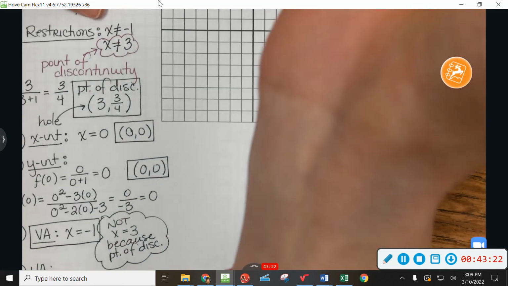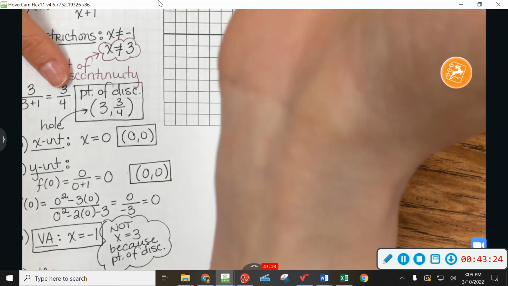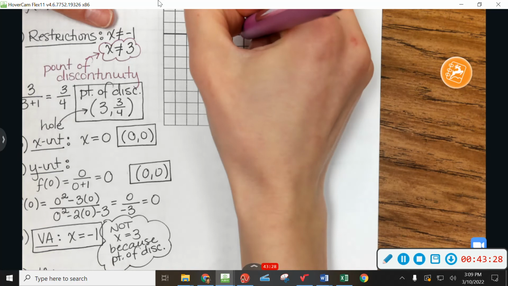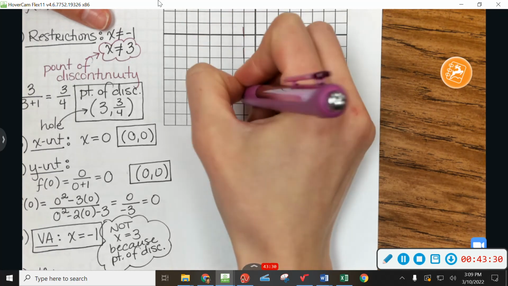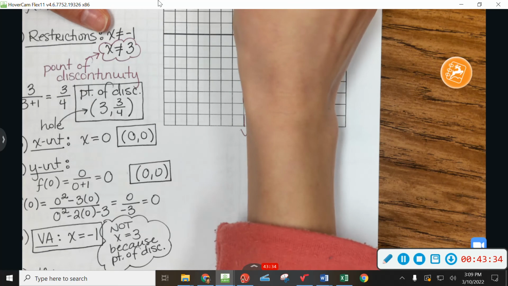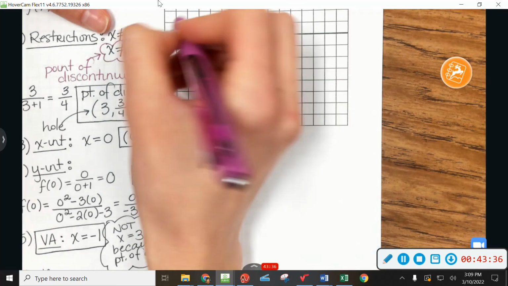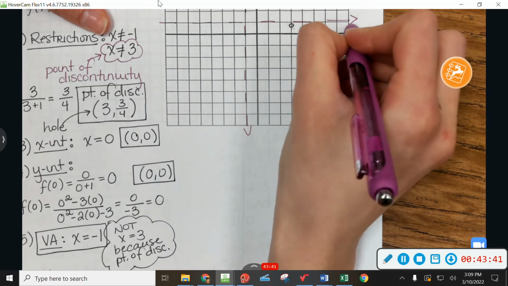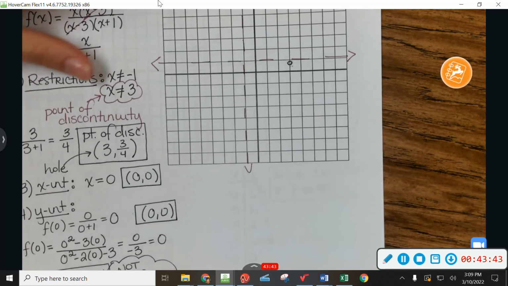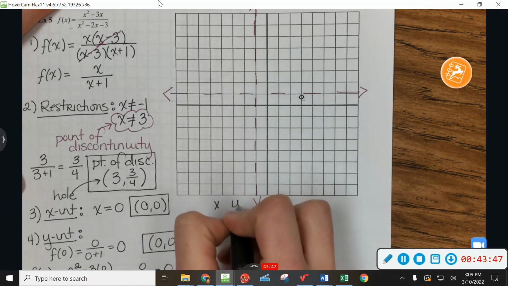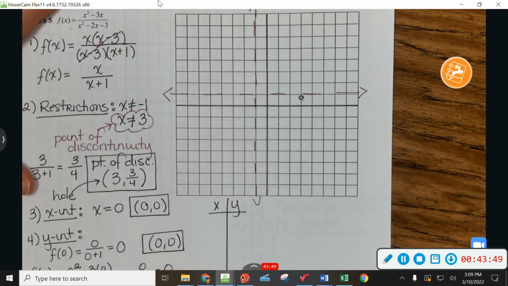Alright, I'm going to graph. Those are my asymptotes, and I'm going to go to my calculator to get my table.